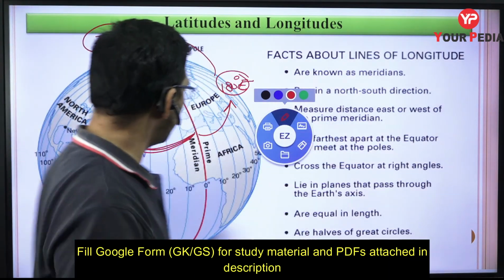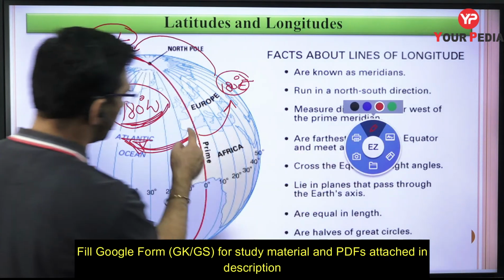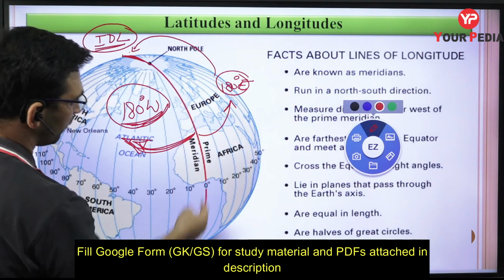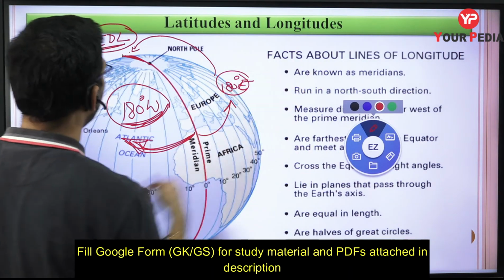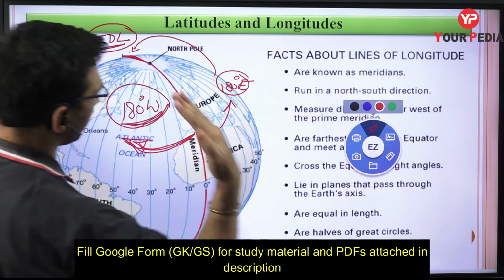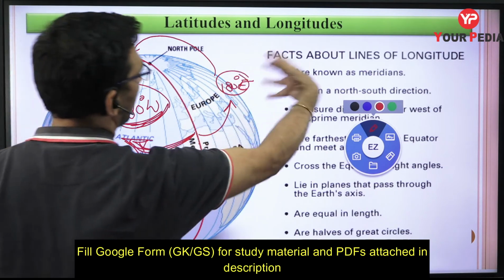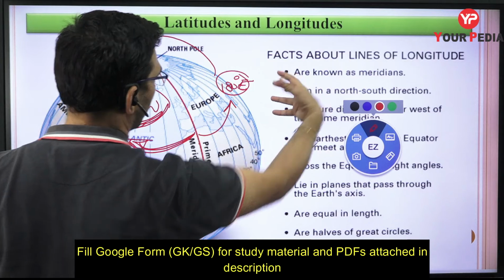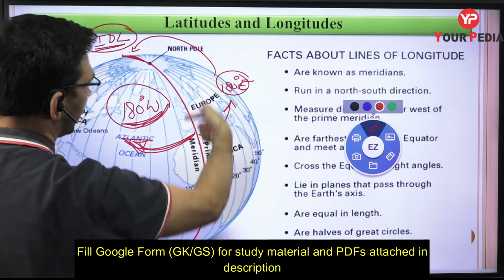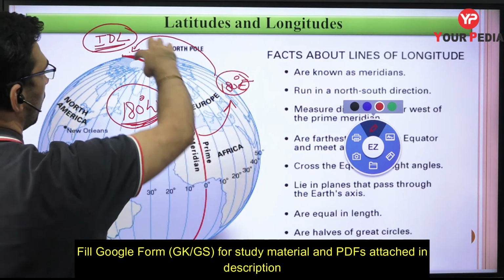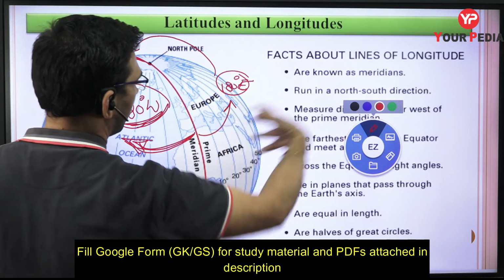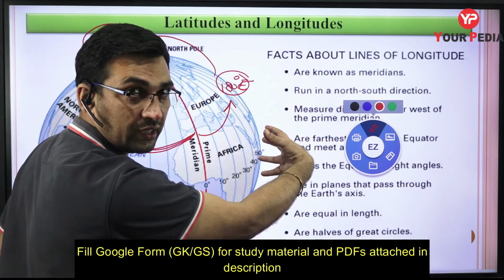Now, based upon this, we have divided the hemispheres. When I am moving from the prime meridian towards the east side till the international date line, if I cut the earth this way, I get one hemisphere over here. Since this position is taken as the east direction, the whole of this half is the eastern half.